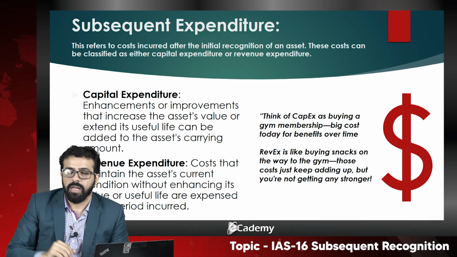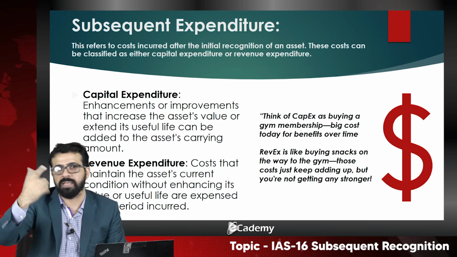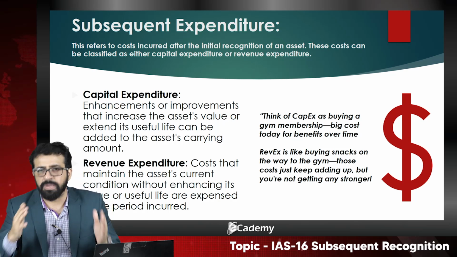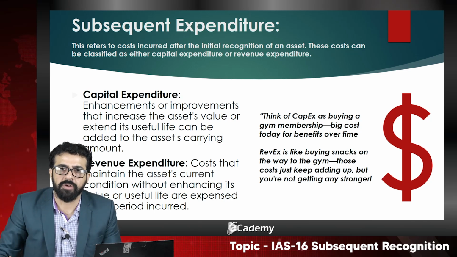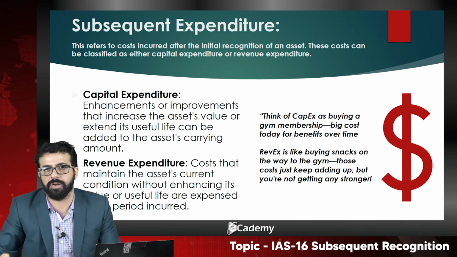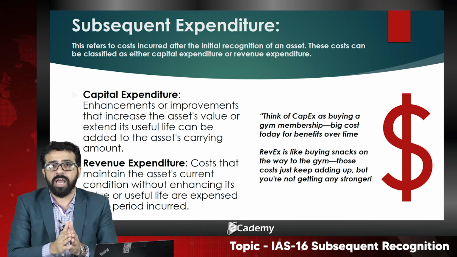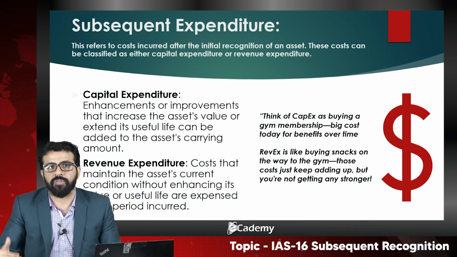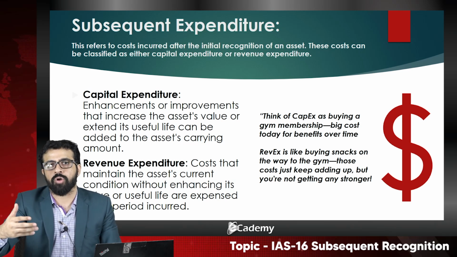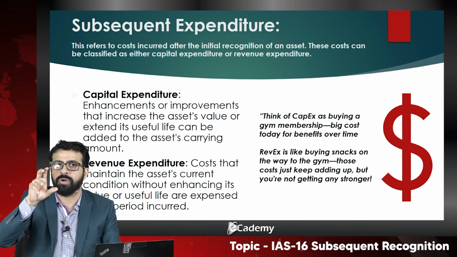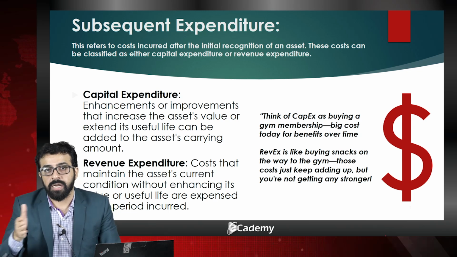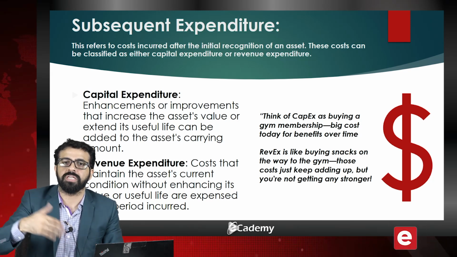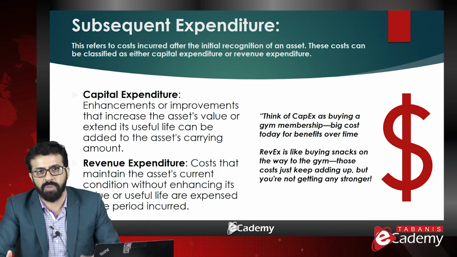Now taking a previous example, we are wrapping up this example. Suppose we have acquired a machinery for the amount of 5,19,000. We have recorded this machinery by passing the double entry asset debit 5,19,000, cash credit 5,19,000. After the 10th day, we have incurred a $10,000 cost again, and that $10,000 cost was incurred to increase the life of the asset, or to increase the economic benefit of the asset.